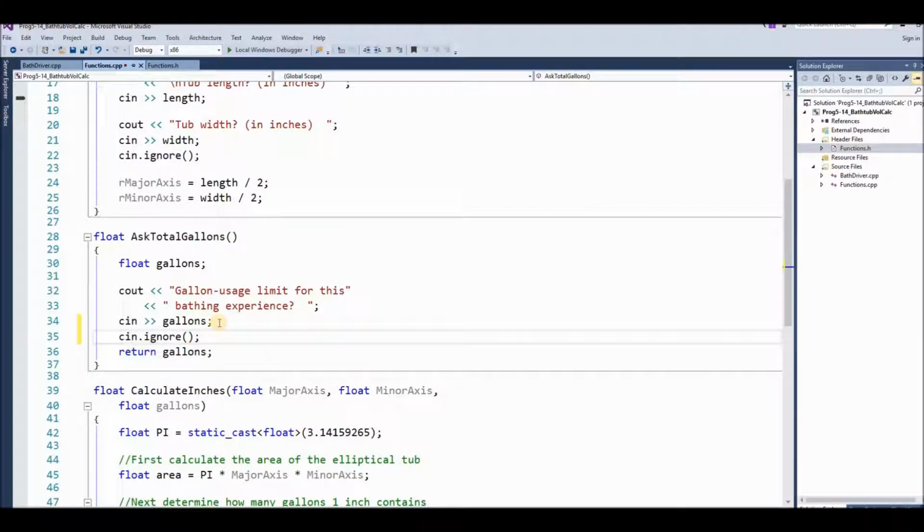The cin stream is global for your program. So if you leave out an ignore in a function, then it will bite you in main or in another function. So you have to make sure that you put in all your cin.ignores. Let's see if that's enough.